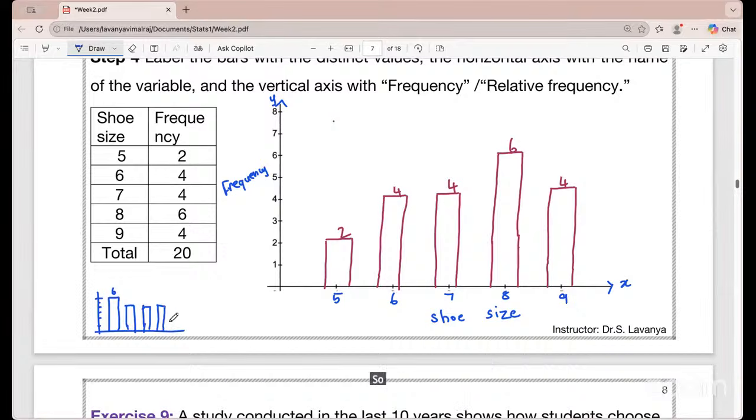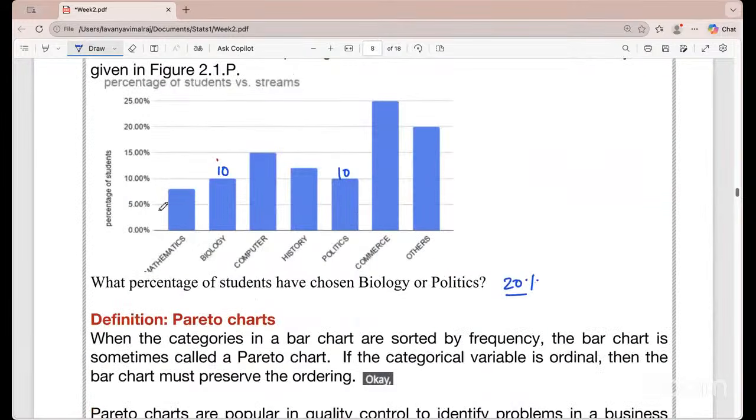And then you have 2. So the same data is now represented based on the frequencies. This is a Pareto chart. You see that for this given data also, this is possible, and the same can be done for any kind of bar chart.